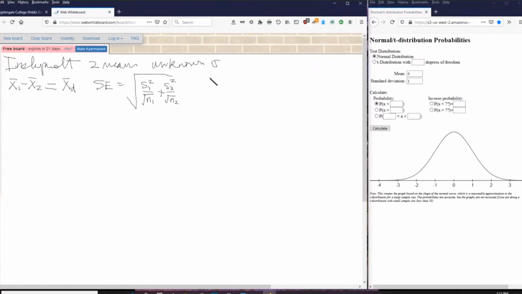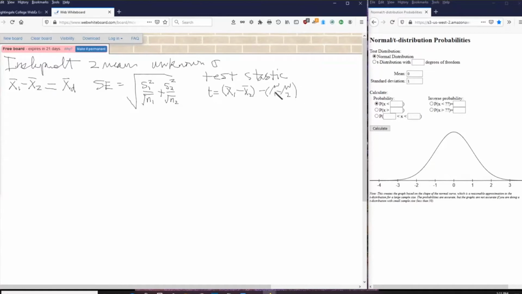Your test statistic, which is your t-score, has the formula: the sample mean of the first sample minus the sample mean of the second, minus the population mean of the first minus the population mean of the second.